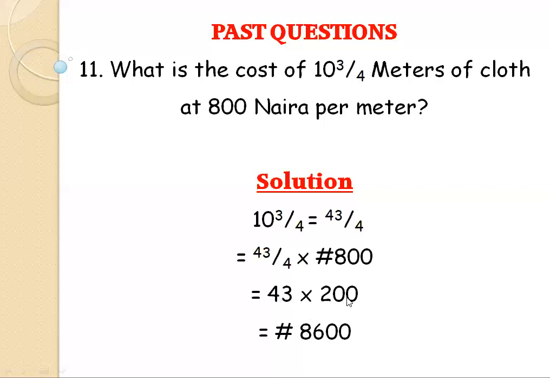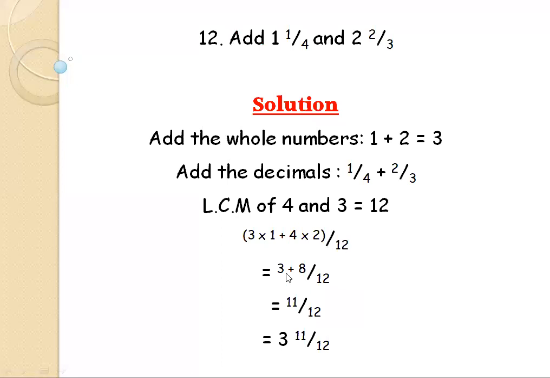Then I'll bring the 0s down here. That will give me 8,600. So the cost of 10 and 3 over 4 meters of cloth is 8,600 naira.